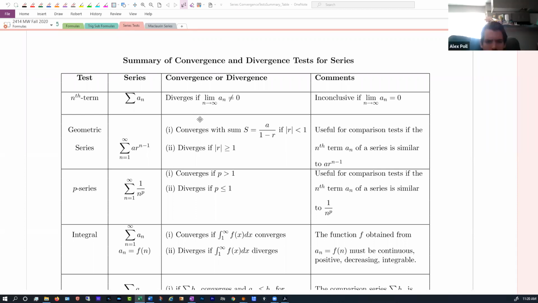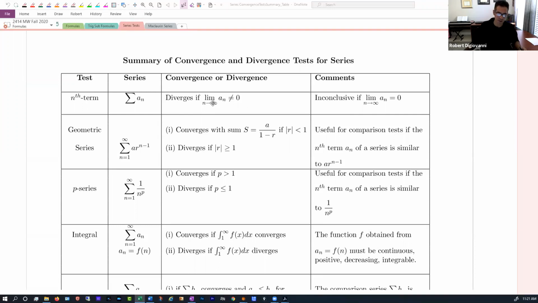Yes, sir. Okay. So the nth term test, the way this reads is that we're given a series, right? It says that this series will diverge if what? The limit as n goes to infinity of this piece right here, that's the sequence, right?